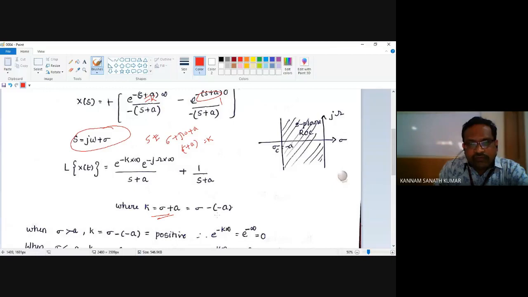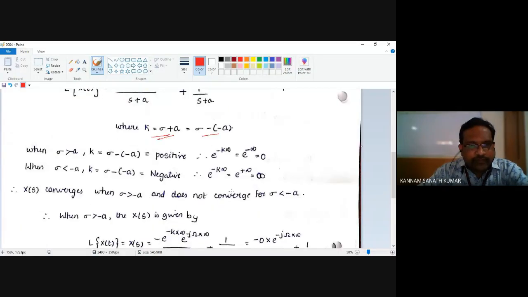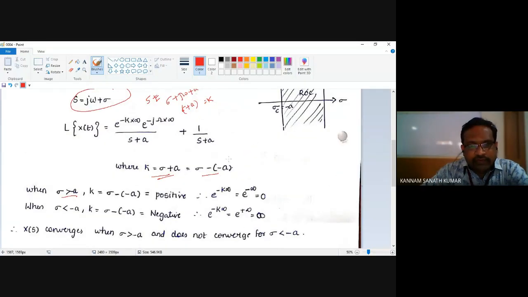So sigma plus a you can write as sigma minus of minus a. So when sigma is greater than minus a, k becomes positive.